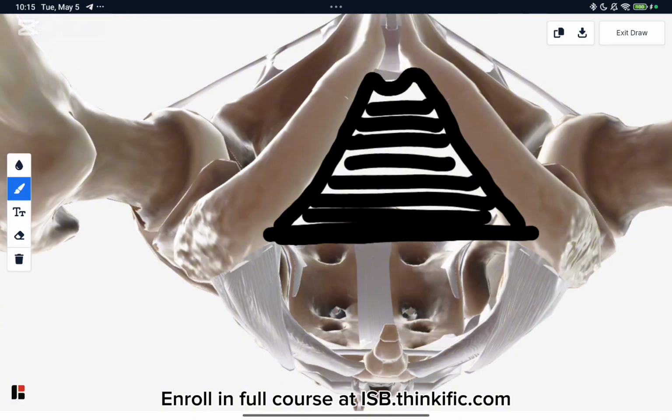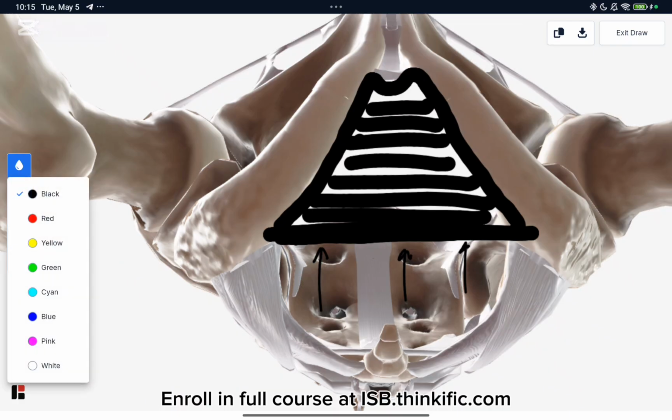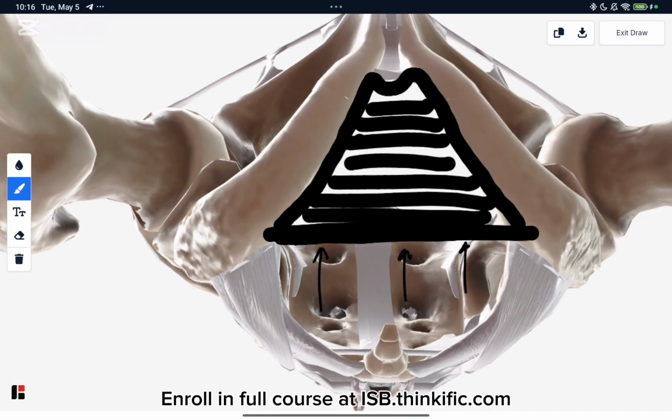The perineal membrane is a tough membrane. It does not extend posteriorly, and it has a free posterior border. In the middle of that free posterior border, there is a condensation of connective tissue referred to as the perineal body. It has some functions, which we'll come to later.